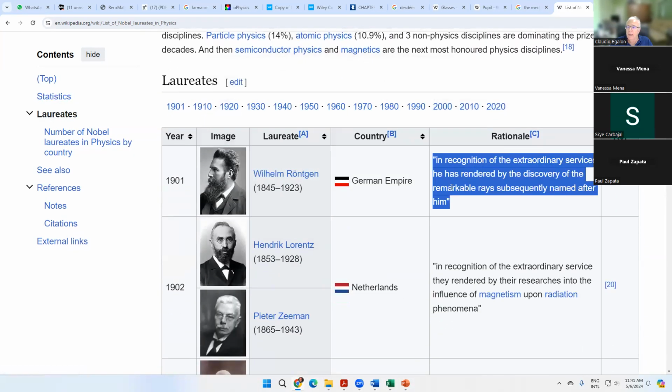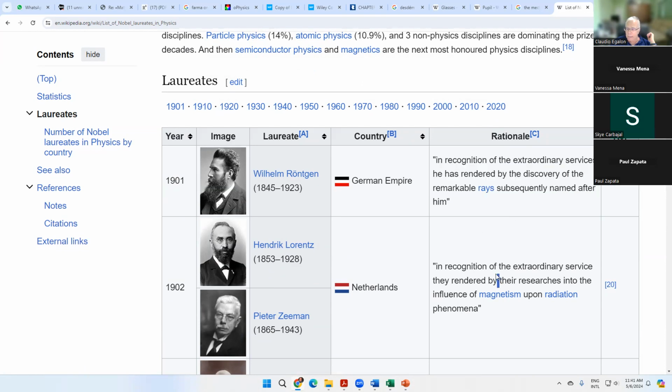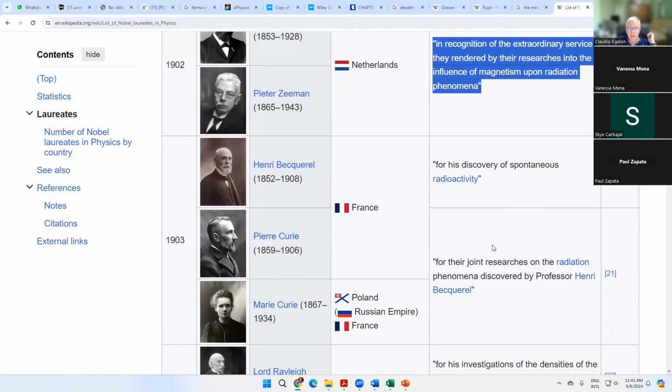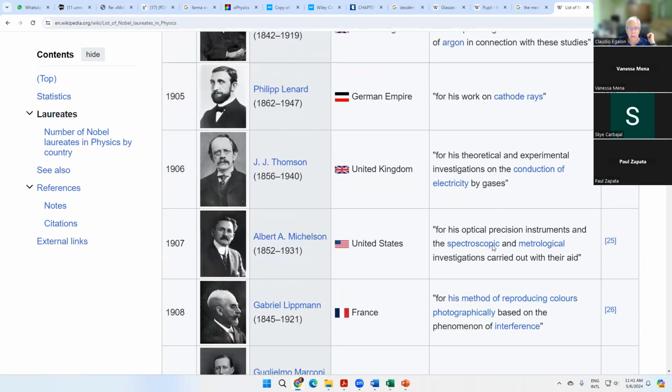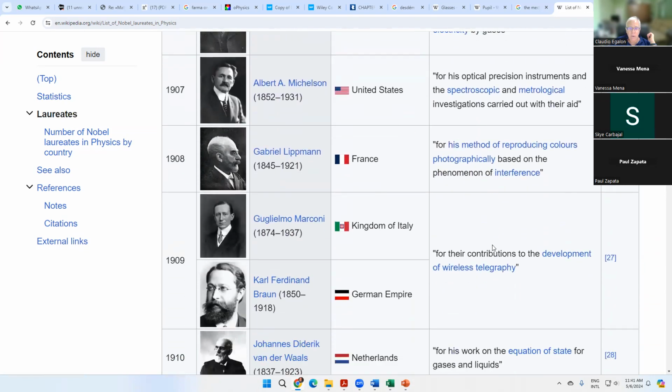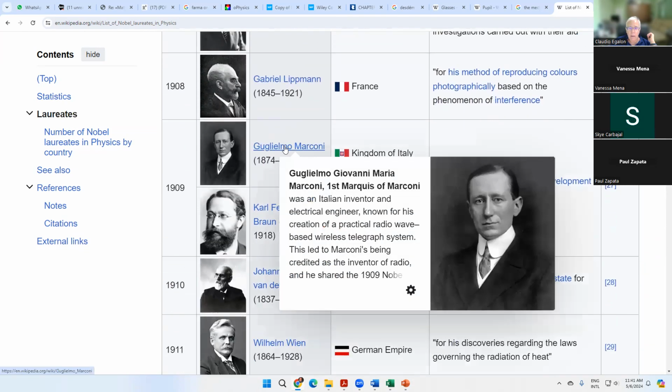Okay, here you go. See this guy here, Röntgen, in recognition of the extraordinary services he has rendered by the discovery of the remarkable rays subsequently named after him, which was the X-ray. And let's take a look at Einstein. Albert Michelson, Marconi.